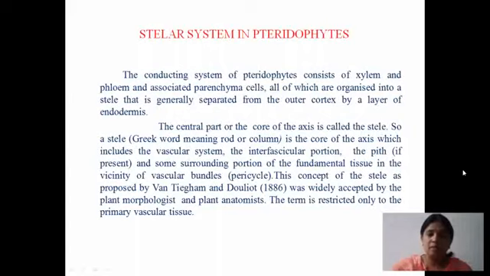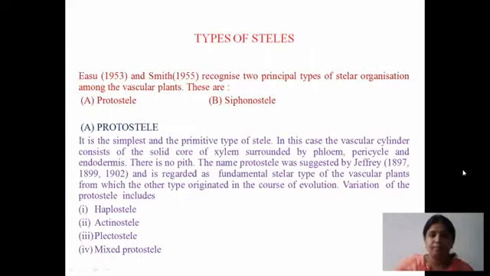This concept of the stele as proposed by Van Tieghem and Douliot in 1886 was widely accepted by plant morphologists and plant anatomists. The term is restricted only to the primary vascular tissue.